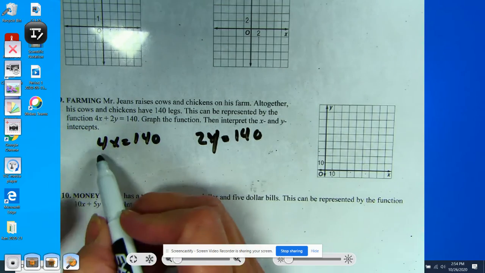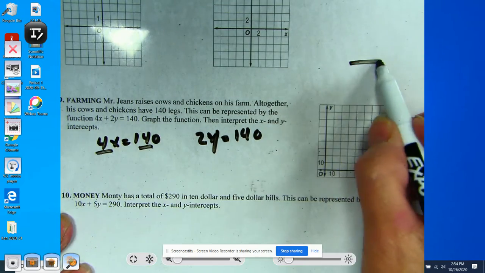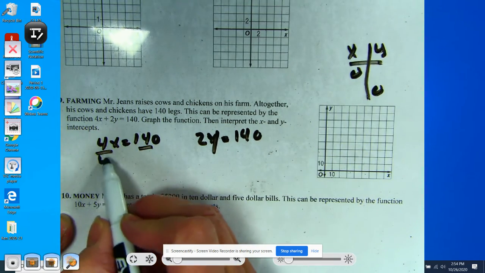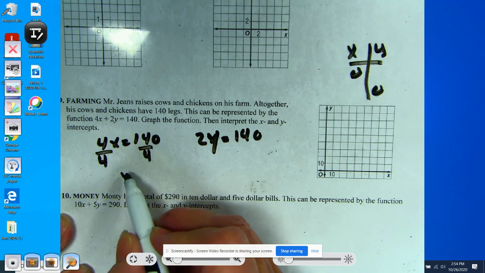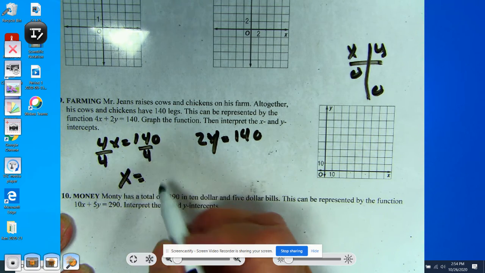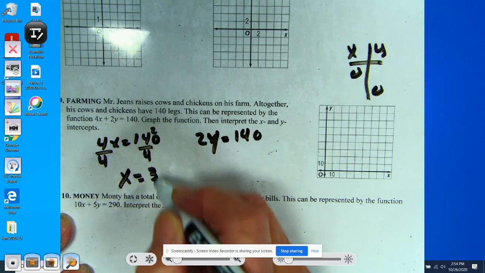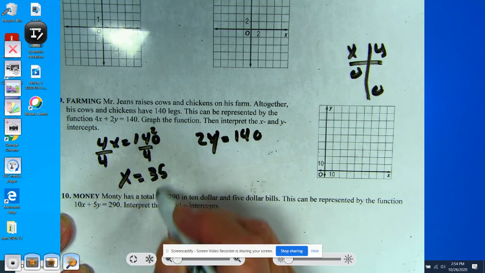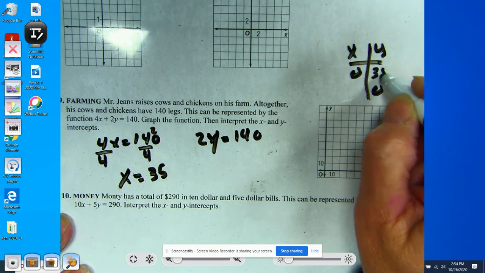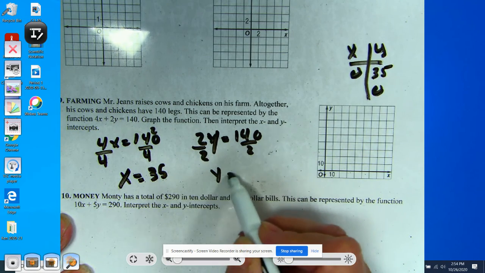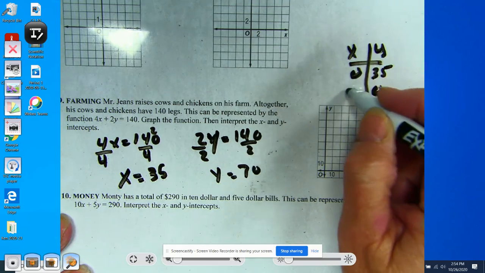And you find x and y. Divide by 4. 4 goes into 14 three times, that's 12, 2 left over, and 4 goes into 20 five times. Divide by 2, and y equals 70.